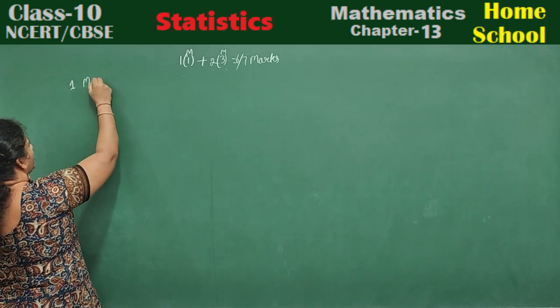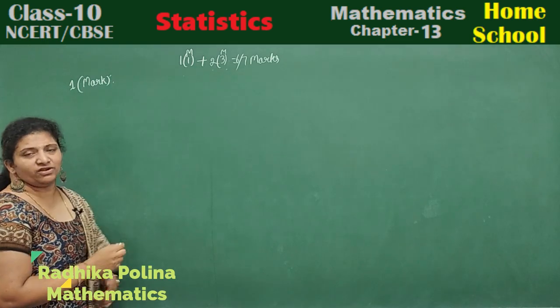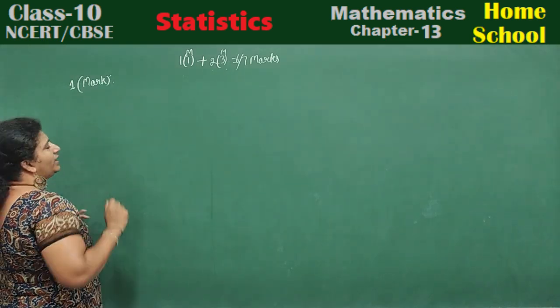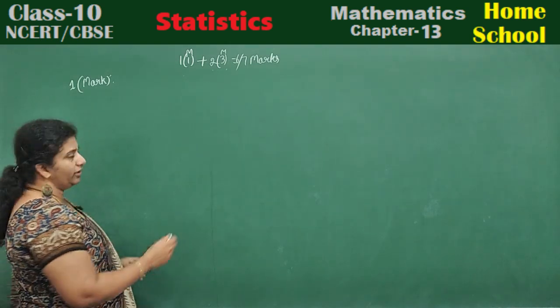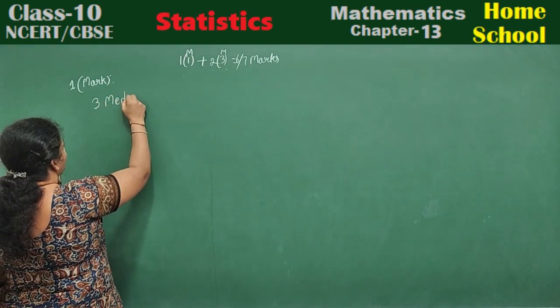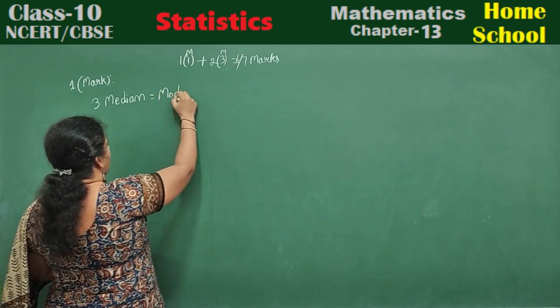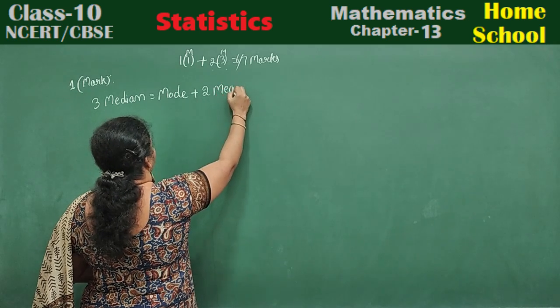1 mark. What are all the chances of asking and what are all the questions given from your previous question papers? 1 mark question. What is the empirical relation between mean, median and mode? That is 3 median is equal to mode plus 2 mean.